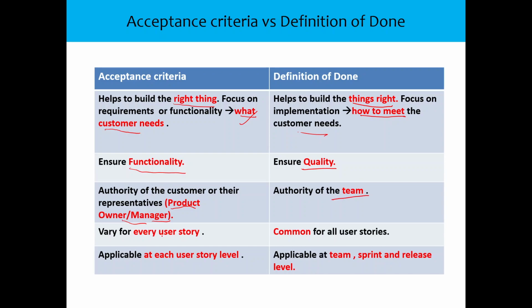Acceptance criteria will vary for every user story, as I discussed in earlier slides, and definition of done is common for all the user stories. Acceptance criteria is applicable at each user story level, and definition of done is applicable at team level, sprint level, and release level. So you will have a definition of done which will be different for sprints, releases and team level.